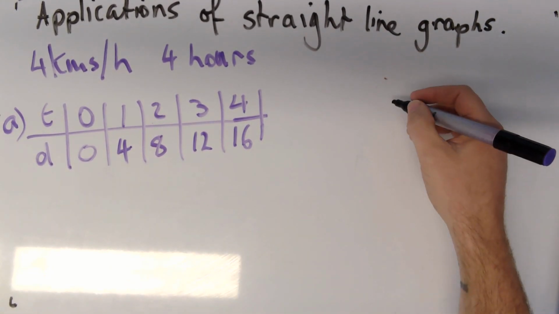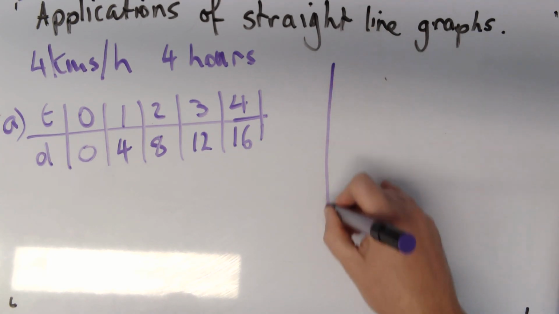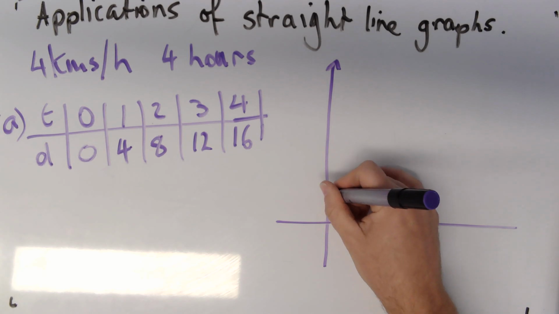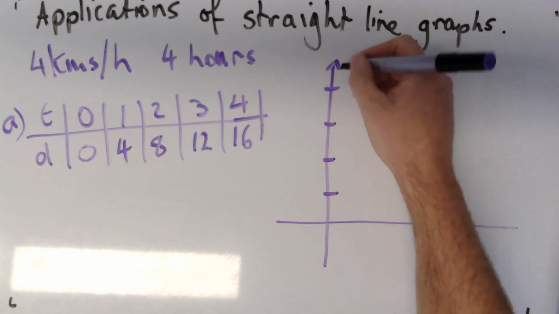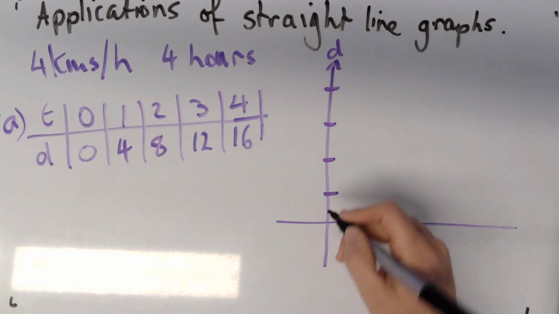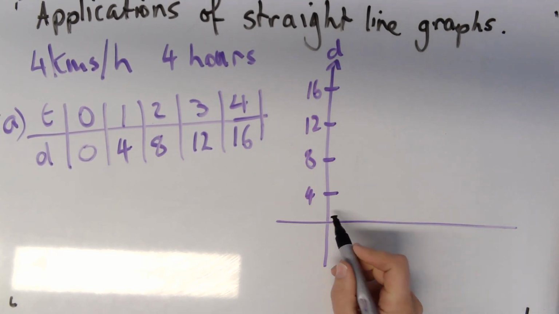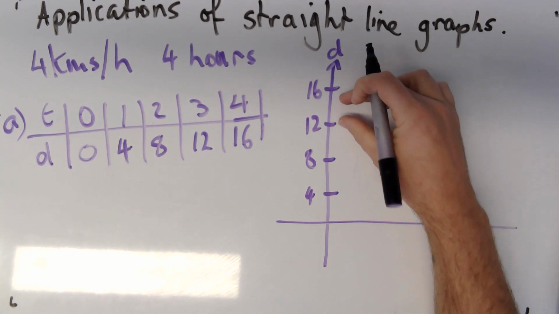We want to draw a graph by plotting the points in part A. So I set up my axes here. I'm going to go 4, 8, 12, 16 for our distance. You don't have to put a mark for every single hour in there, but remember these need to be evenly spaced.